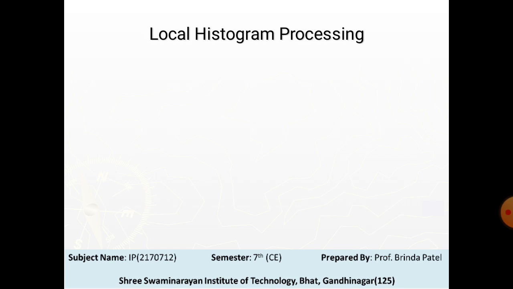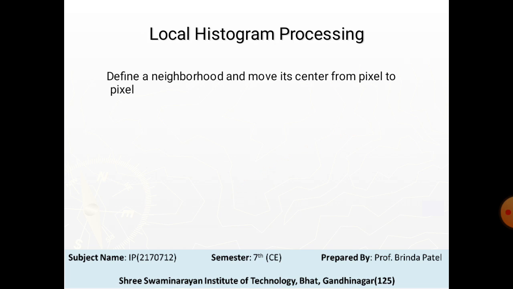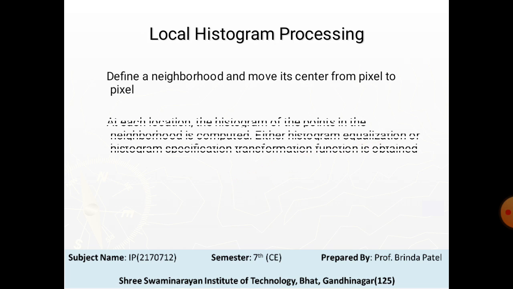The solution is to devise transformation functions based on the gray level distribution or other properties in the neighborhood of every pixel in the image. The histogram processing techniques previously described are easily adaptable to local enhancement. The procedure is to define a square or rectangular neighborhood and move the center of this area from pixel to pixel.